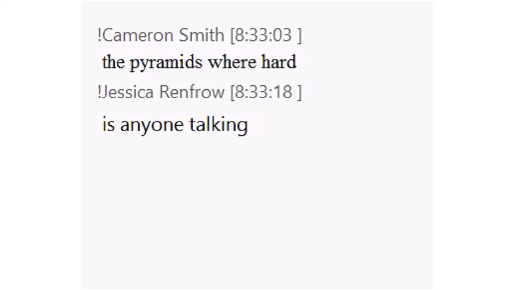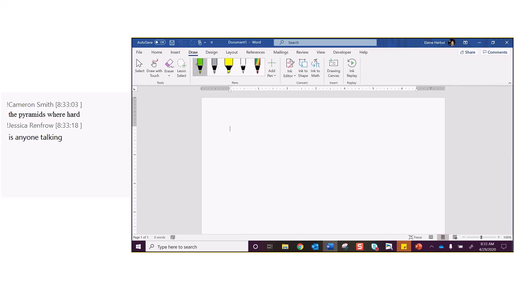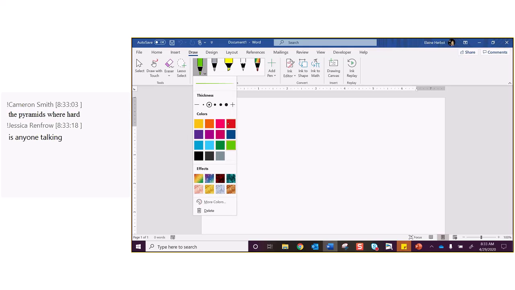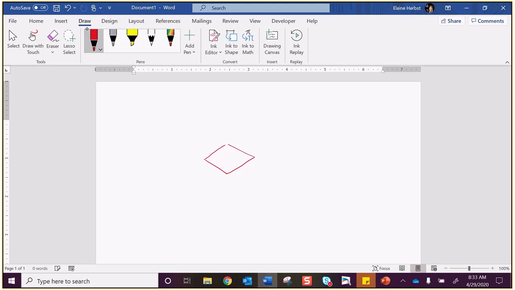Okay, when I open up a Word document, let's say, and I draw a pyramid. Let's see, pyramids are kind of hard to draw, but there we go, that's not too bad. So you'll notice that on a pyramid there's 4 triangles and then there's the square base or the rectangular base.